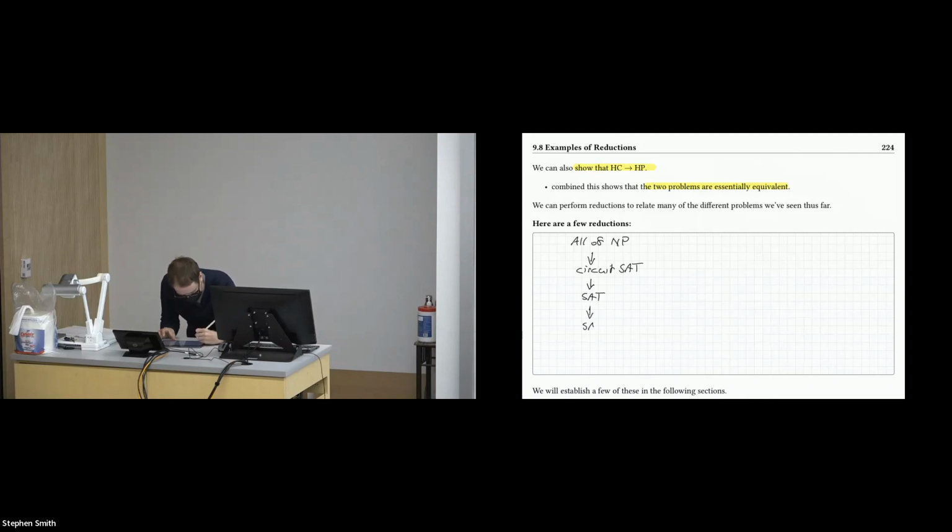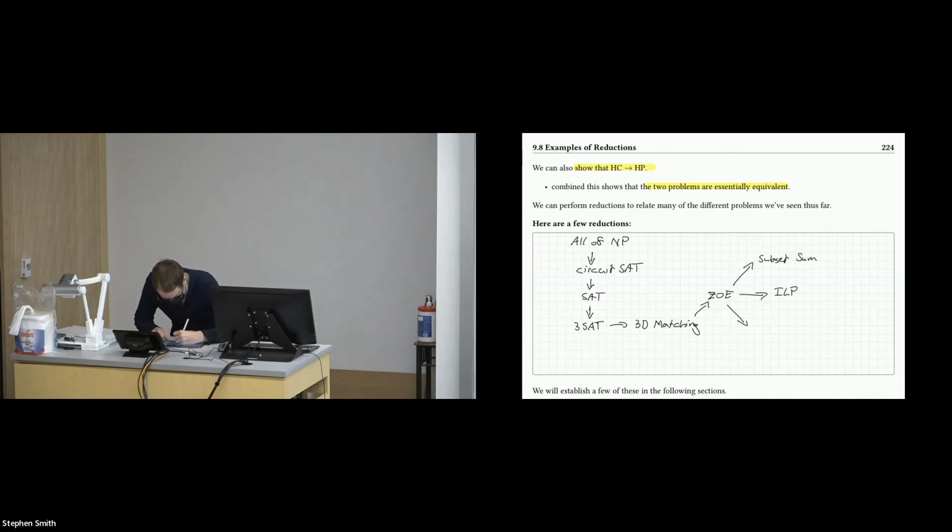SAT can be reduced to 3-SAT. 3-SAT can be reduced to a problem called 3D matching. 3D matching can be reduced to 0-1 equations. 0-1 equations can be reduced to a problem called subset sum. 0-1 equations can also be reduced to integer linear programming.